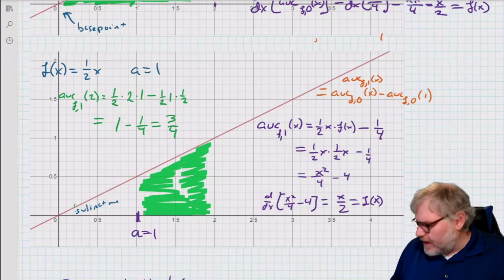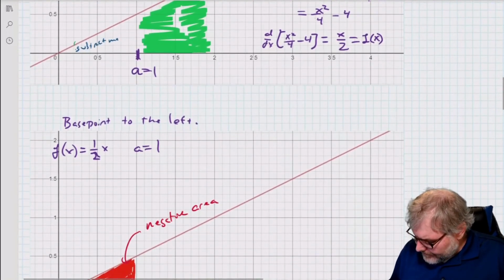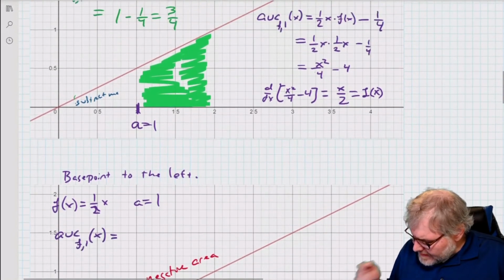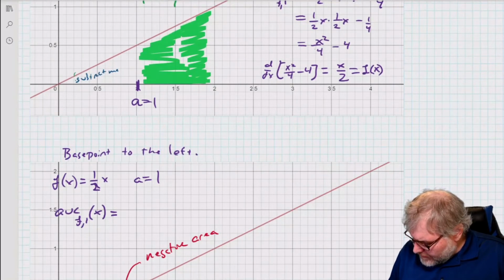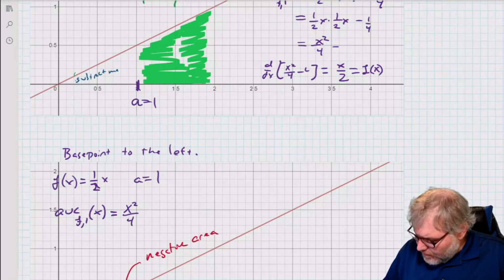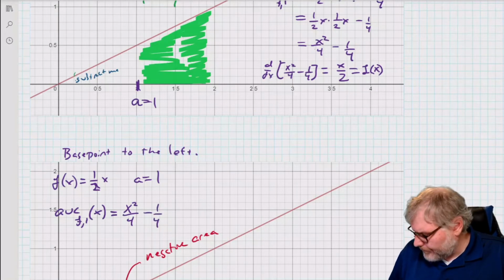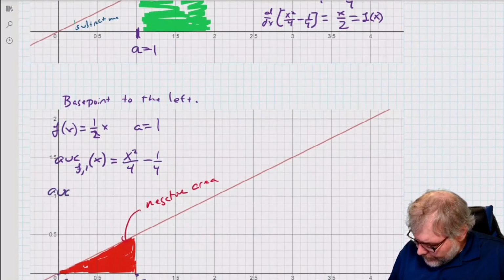Okay, notice another thing here. If I take this formula, x squared over 4 minus 1/4, and I plug in 0, I should wind up with negative 1 over 4.